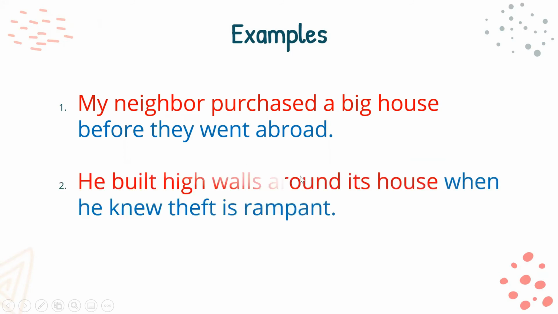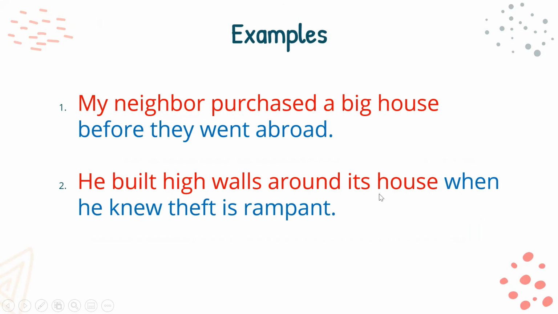Number 2. He built high walls around its house when he knew theft is rampant. Again, you can see in blue the dependent clause, when he knew theft is rampant, because it starts with the word when, and when is a subordinating conjunction.